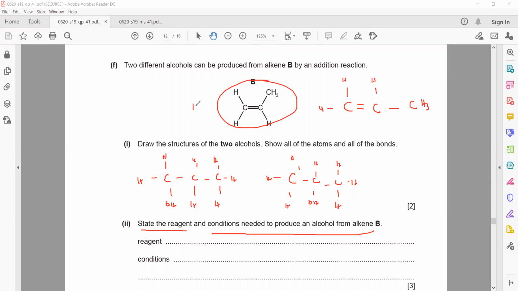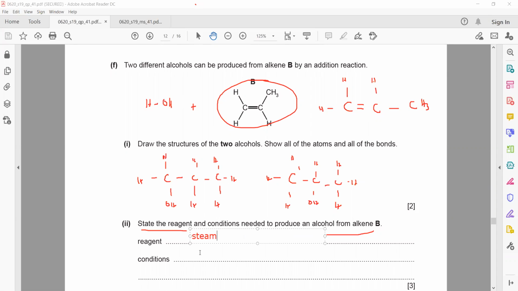This alkene reacted with which substance to produce an alcohol? The alkene is already there. Steam and alkene both are reagents, but the alkene is already given, so alkene will not give you a mark. The second mark is for water or steam.